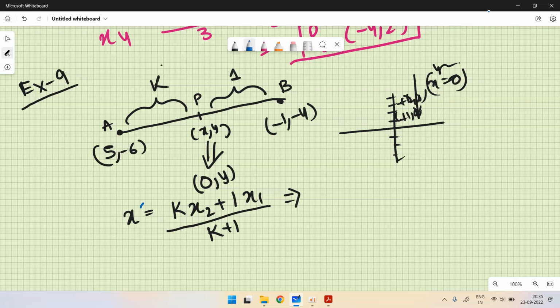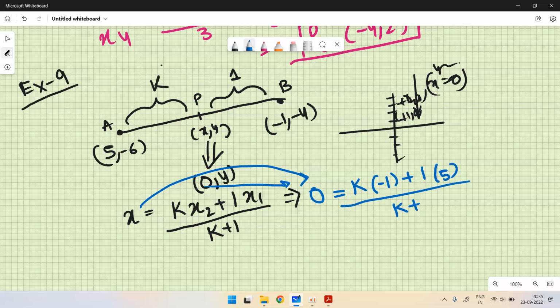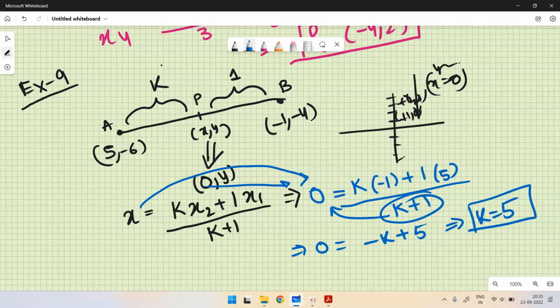So 0 equals k times x2, which is minus 1, plus 1 into x1, which is 5, by k plus 1. Taking the denominator to the left side, 0 equals minus k plus 5, which implies that k equals 5. So the ratio ultimately becomes 5:1.